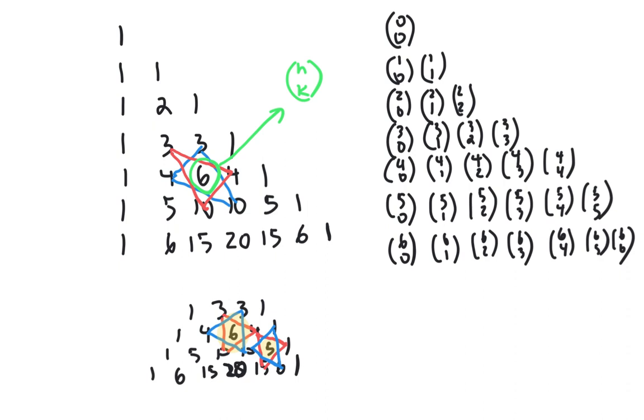So the red one is we want to show that n minus 1 choose k minus 1 times n choose k plus 1. That's the one just to the right of the one you're centering it on. And the one just below is n plus 1 choose k. We want to show that that equals, we'll do this in blue.